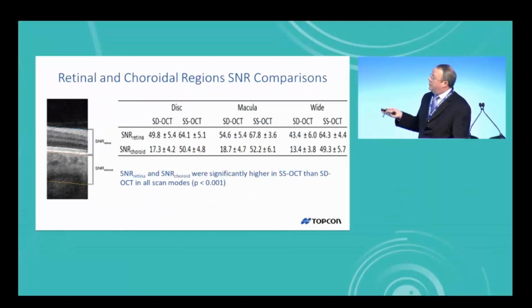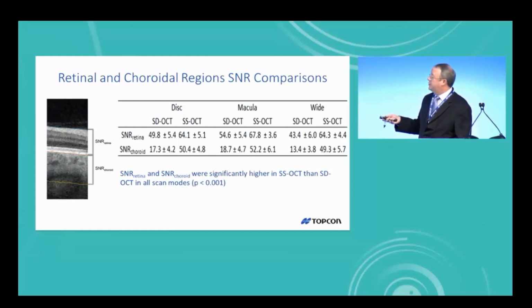So branching off from the top Q scores, we wanted to look more carefully using the more objective signal-to-noise ratio computations. And we created two separate calculations here, one for the SNR of the retina and another for an SNR of the estimated choroid. And once again, we see very similar sorts of results to what I showed in the previous slide.